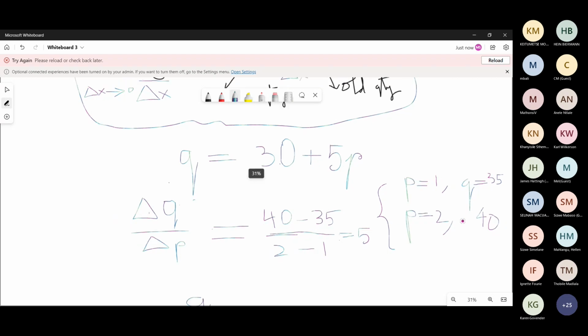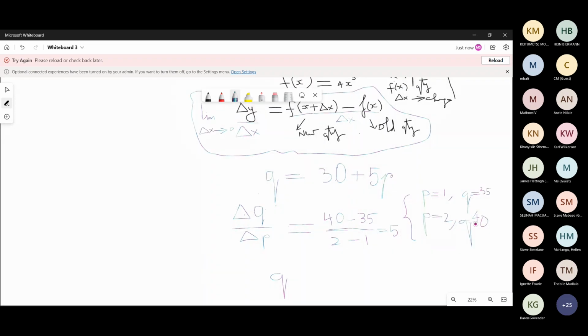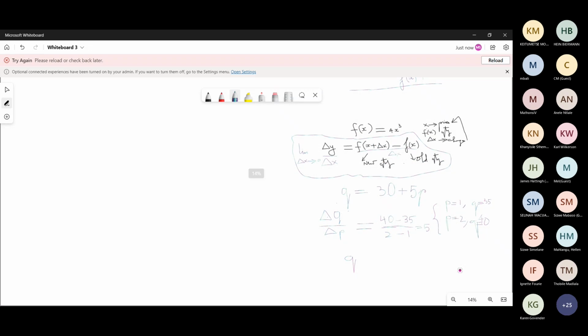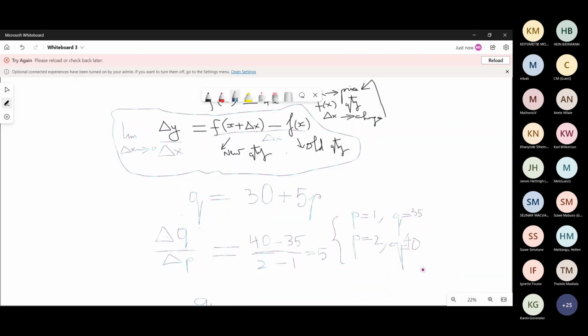This is the new value of Q. So now the change in Q will be this difference, and the change in P will be this one: 40 minus 35, 2 minus 1.